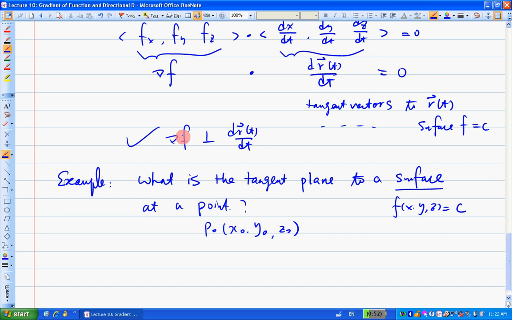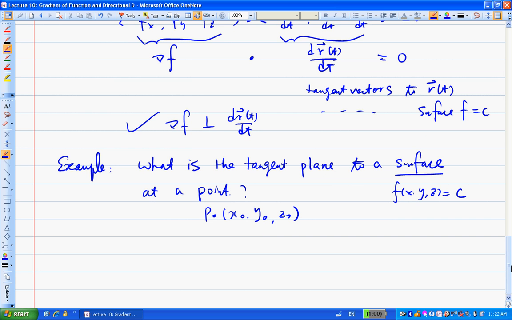Gradient. Right, gradient. Normal vector meaning you're trying to find a vector perpendicular to the plane. And that plane is tangent to the surface at a point, so the natural choice is this guy here. So let's write down this formula. The normal vector is del f. Now this is not an arbitrary del f, this is del f at this P naught, right?